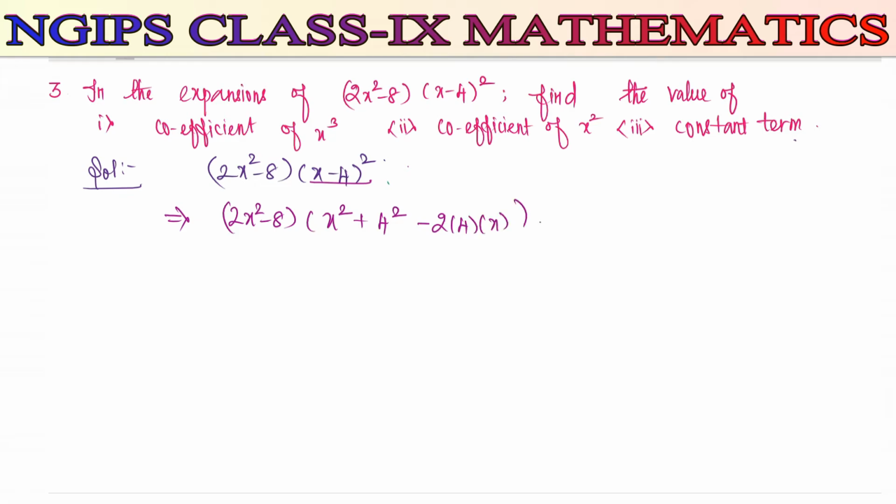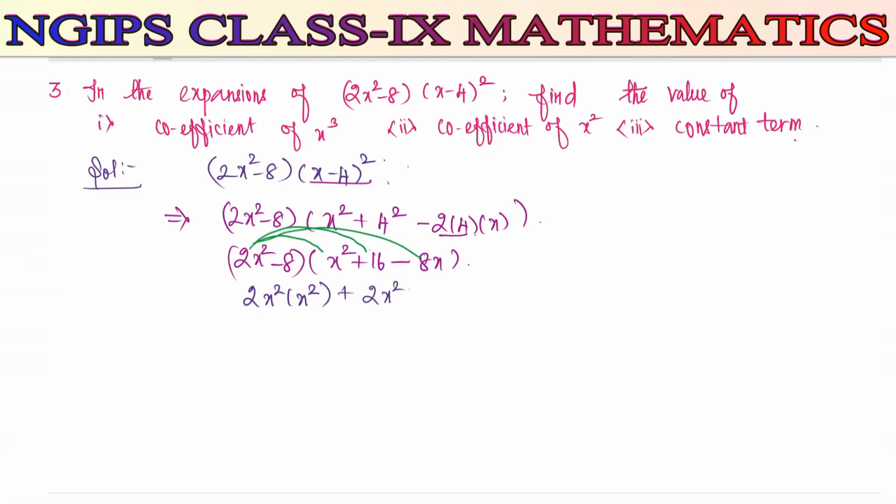Further, if we simplify, 2x square minus 8 into x square, 4 4s are 16, minus 4 2s are 8, 8 into x is 8x. Now, first we need to take the first term and multiply each and every term. So we get 2x square into x square plus 2x square into 16 minus 2x square into 8x.